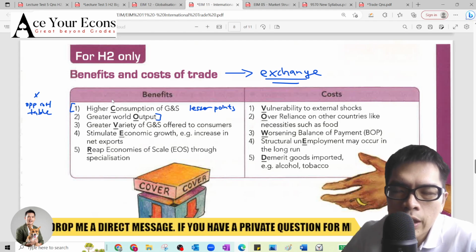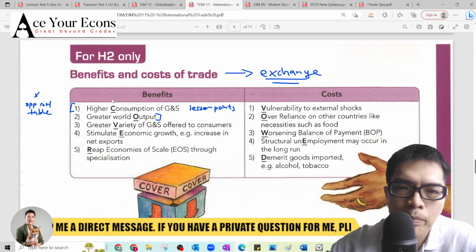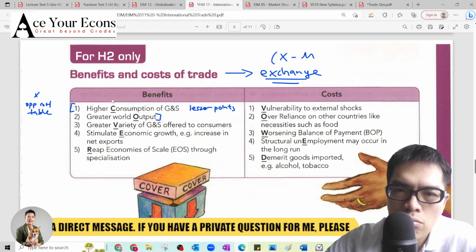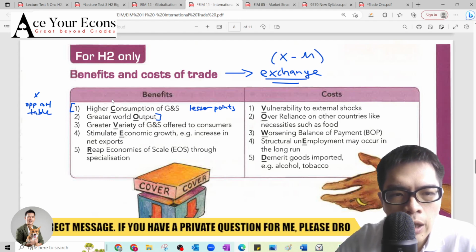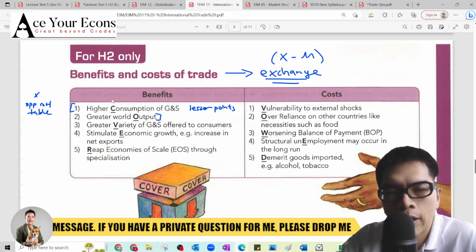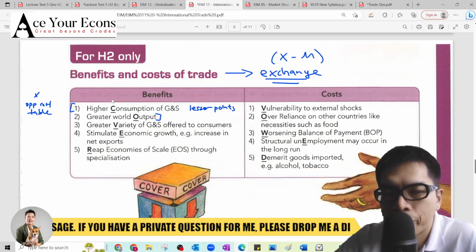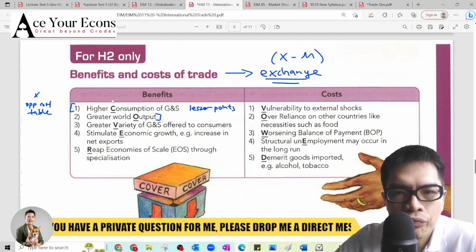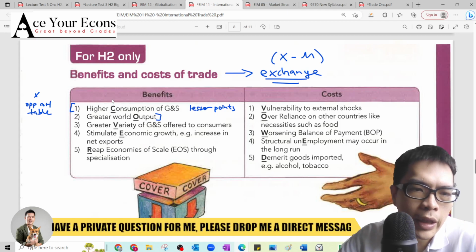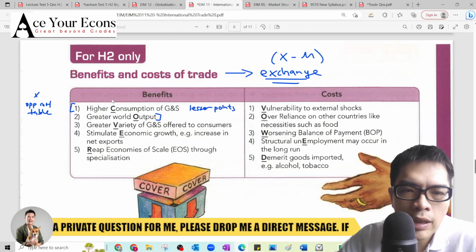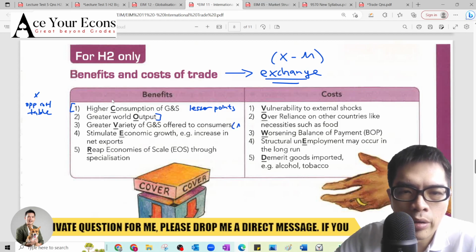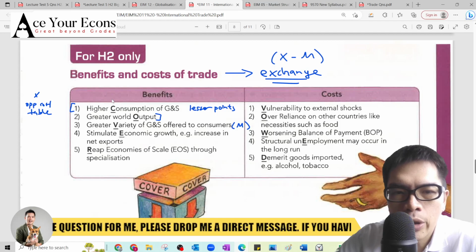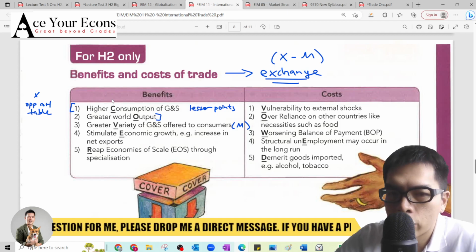Clearly, the exchange will mainly affect X and M. So if you are looking at greater variety of goods and services, we have to ask ourselves, is this going to affect exports or imports? Then you realize that this is likely to be an import point, right? Especially when you can import from other countries.